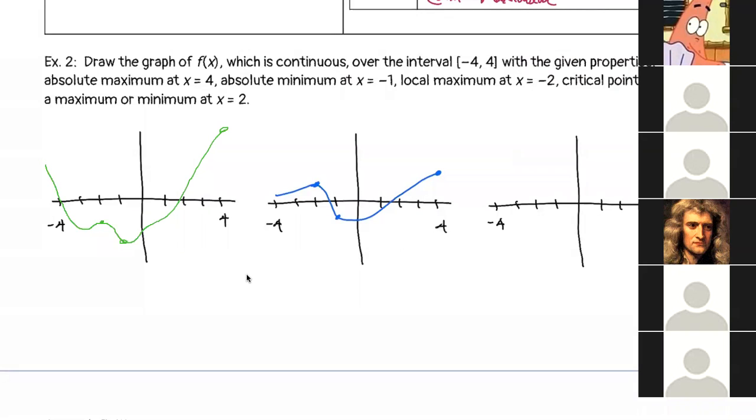Yeah, it's going to be a horizontal line, right? And if I look at this graph right here at x equals 2, that's not a slope of 0. It's got more kind of like a positive slope here, okay? Now, one thing to clarify is that it is not a maximum or a minimum. So how do I draw a graph that has a slope of 0 at 2, but it's not the highest point and it's not the lowest point?